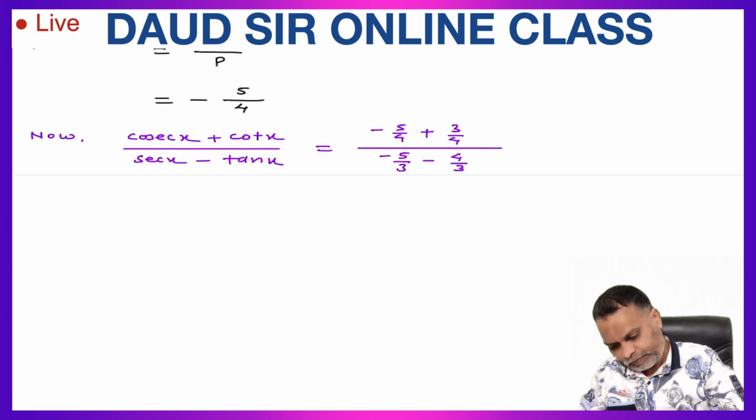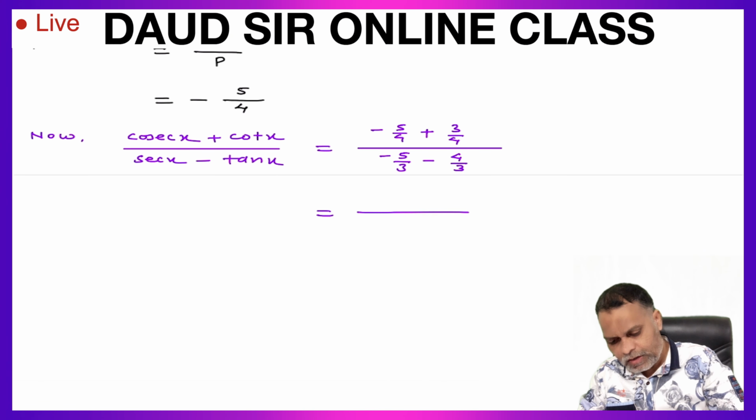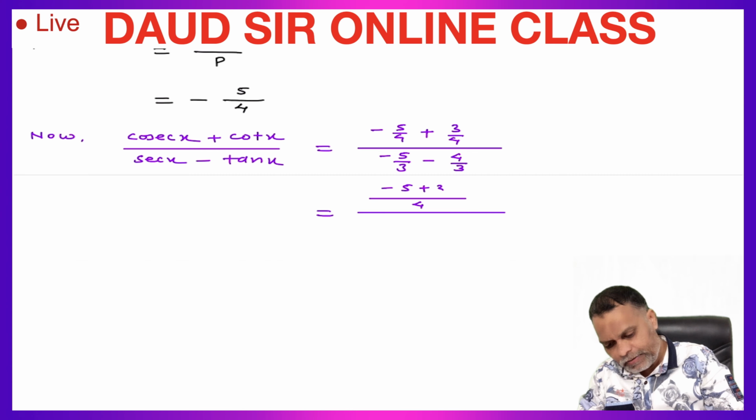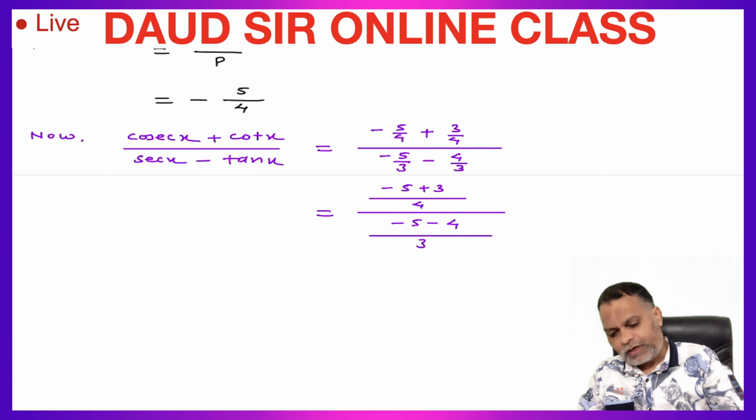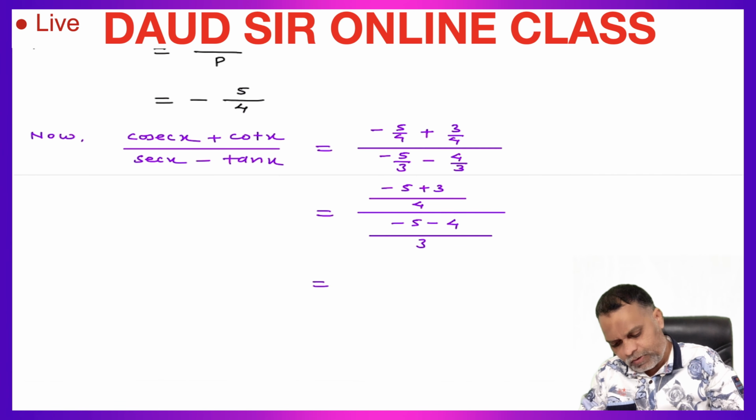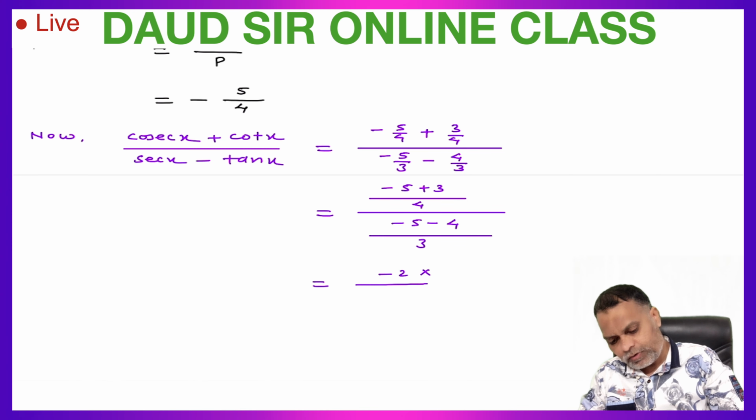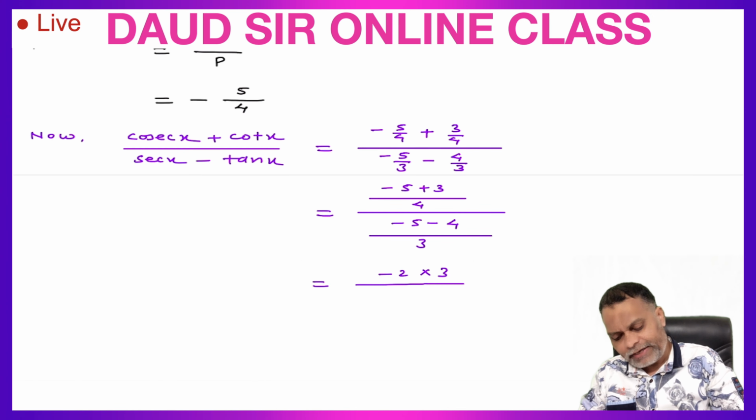Simplify this. Take LCM in numerator and denominator. Here LCM 4, so minus 5 plus 3, and in the denominator LCM 3, minus 5 minus 4. It's a double fraction, so shift this 3 to the numerator and this 4 to the denominator, which is equal to minus 5 plus 3, minus 2, into this 3, upon minus 5 minus 4, minus 9, into this 4.